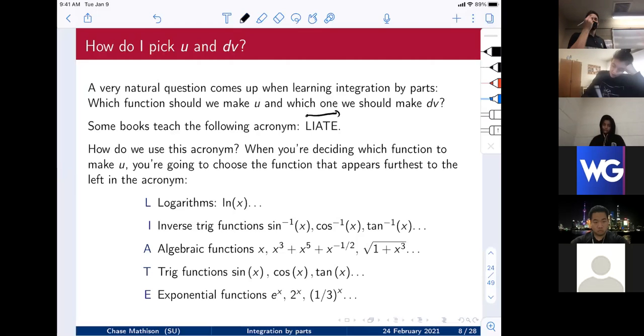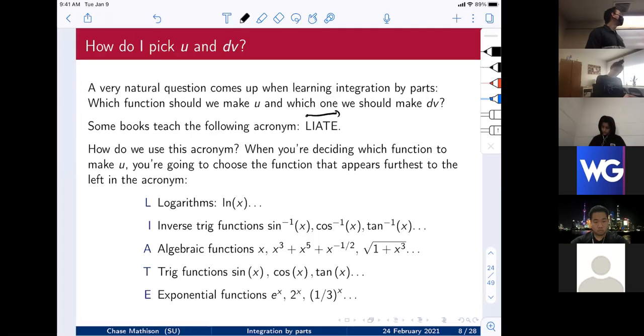I don't want to have to integrate logarithms, so I choose that to be u, the thing I'm going to differentiate. I don't want to have to integrate inverse trig functions, so I choose that to be u if that's the thing that's occurring furthest to the left, okay? This is how we use LIATE.